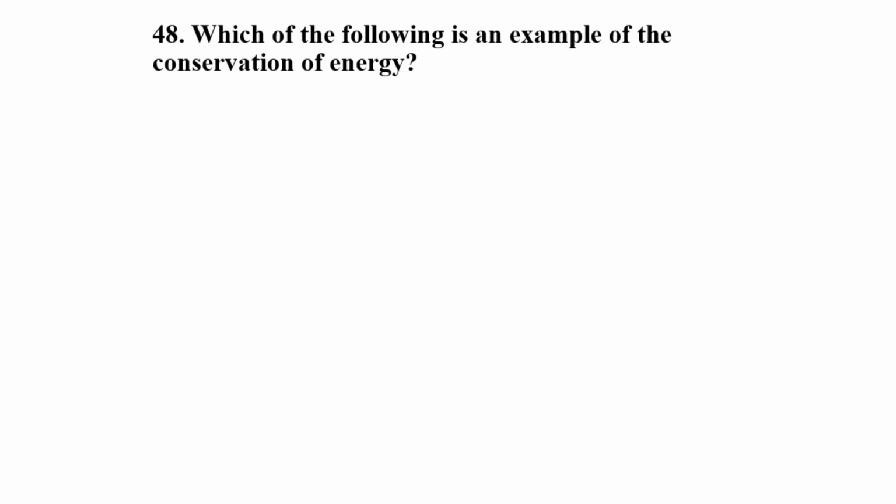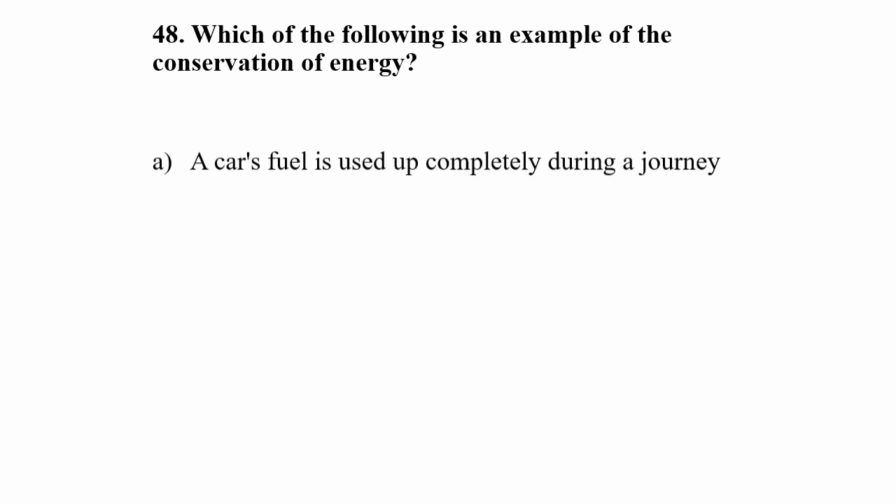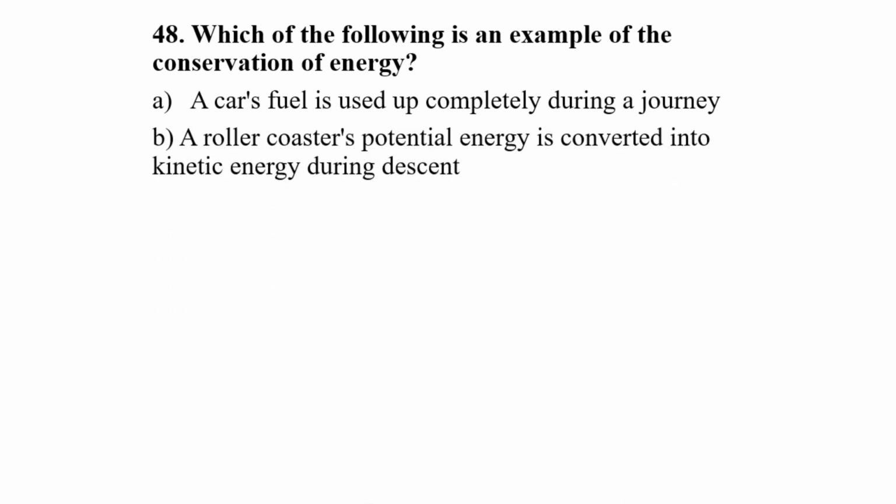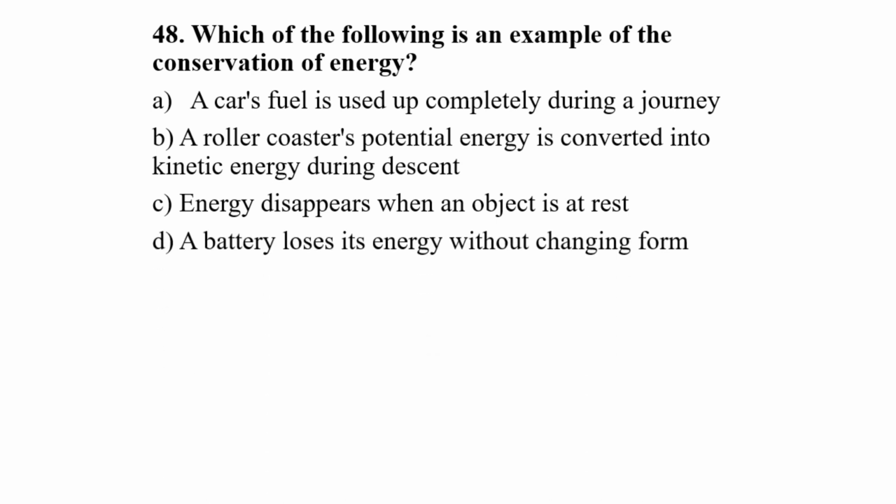Question number 48. Which of the following is an example of conservation of energy? A. A car's fuel is used up completely during a journey. B. A roller coaster's potential energy is converted into kinetic energy during descent. C. Energy disappears when an object is at rest. D. A battery loses its energy without changing form.